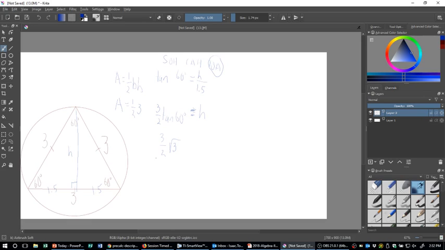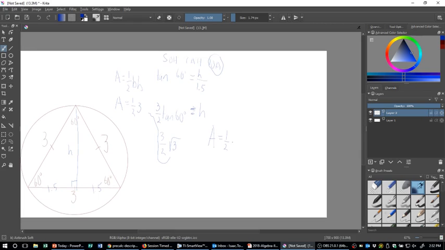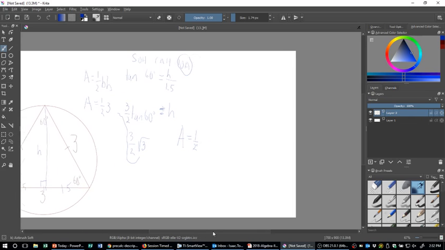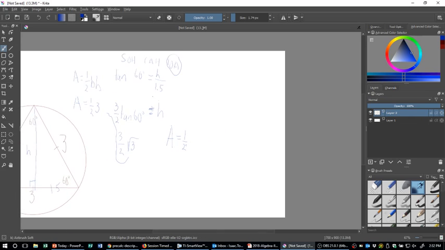So here's the height, and I need to finish plugging that in over here. So I had the 1/2. The base we knew was 3, and the height after that work is 3 over 2 square root of 3.